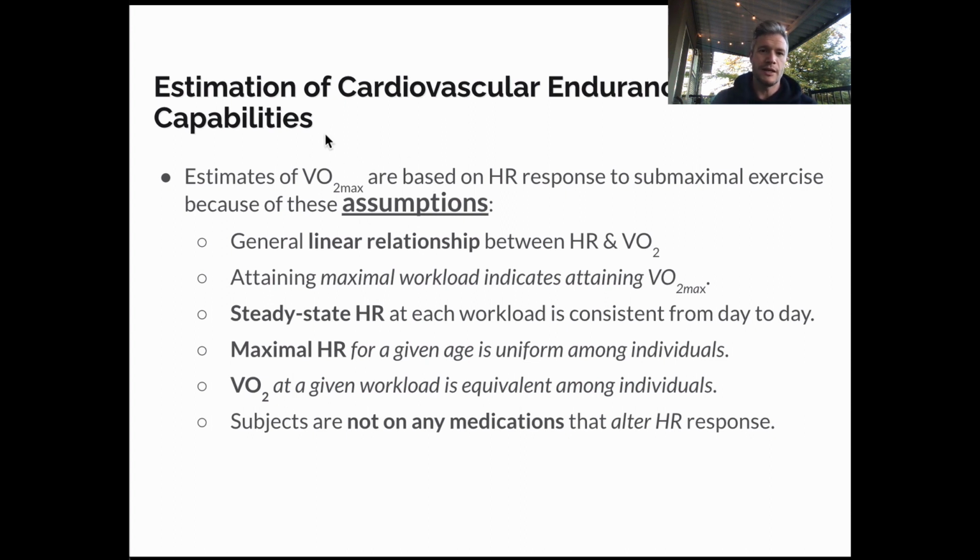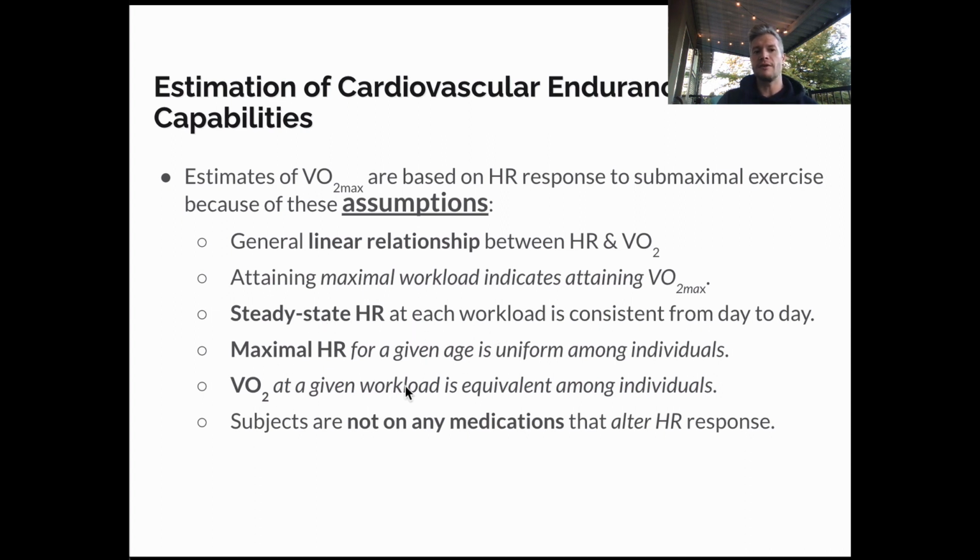It's because we have these relationships, in particular the linear assumption between heart rate and VO2, that we can use heart rate, which is much easier to measure, is cheaper, the equipment's more accessible, and it's a lot easier to use. And so between heart rate and VO2, but also with the steady state at a given workload.